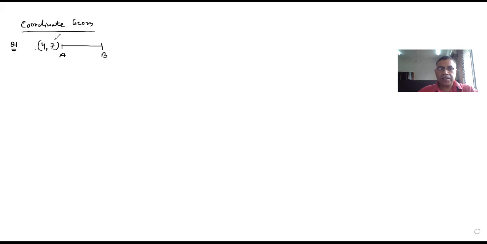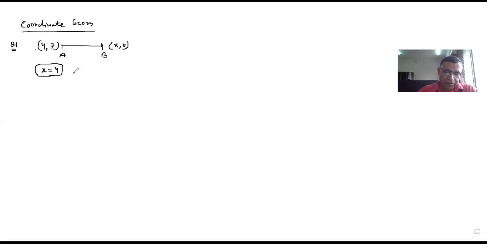Sir, it should be x and 0. X and 0, because this point lies on the x-axis. Yes. So the coordinates are x and 0. Clear. So the second coordinate is 0. Directly when you will compare with x, the answer is 4.